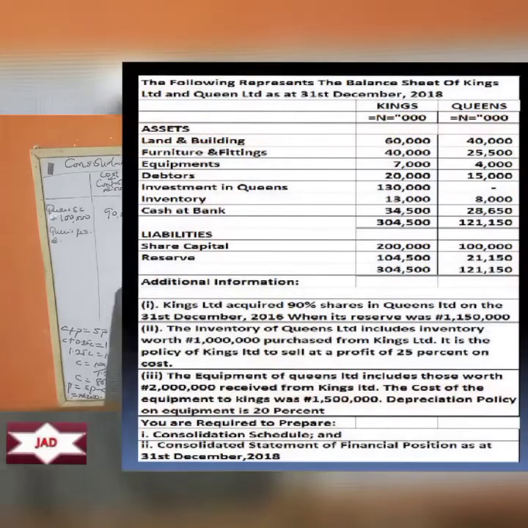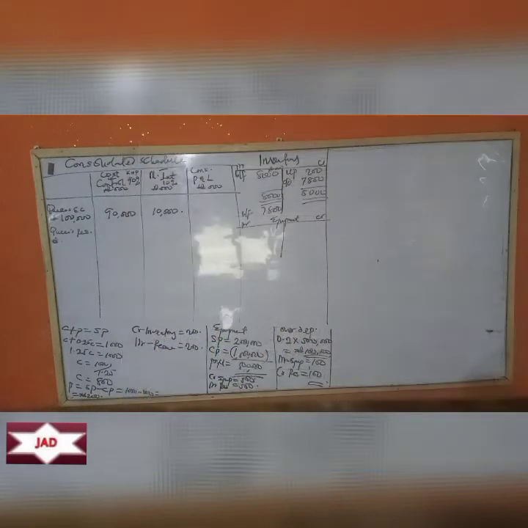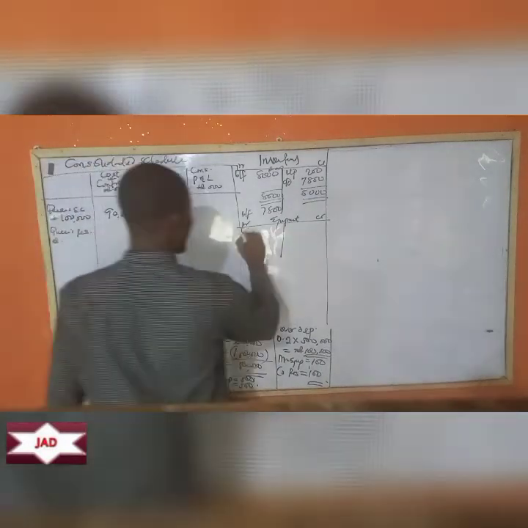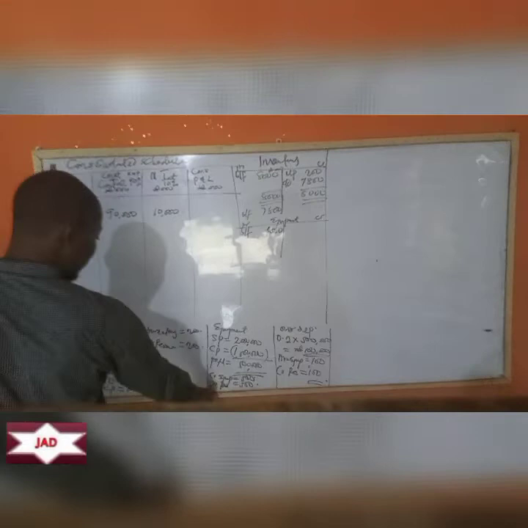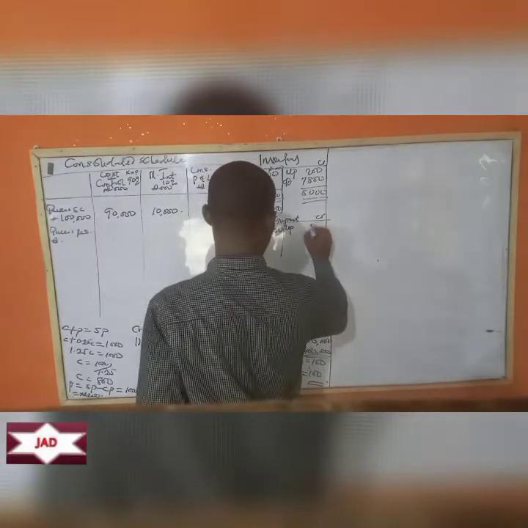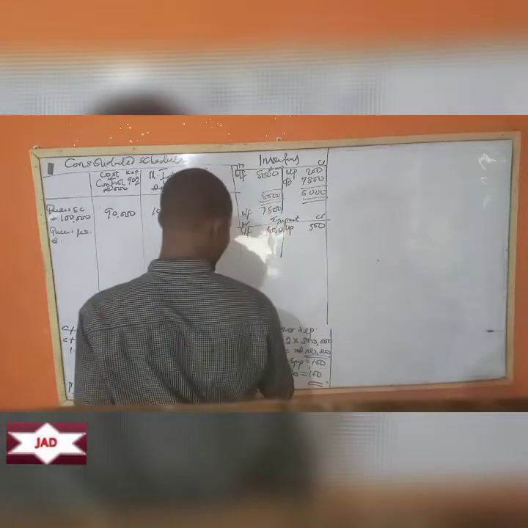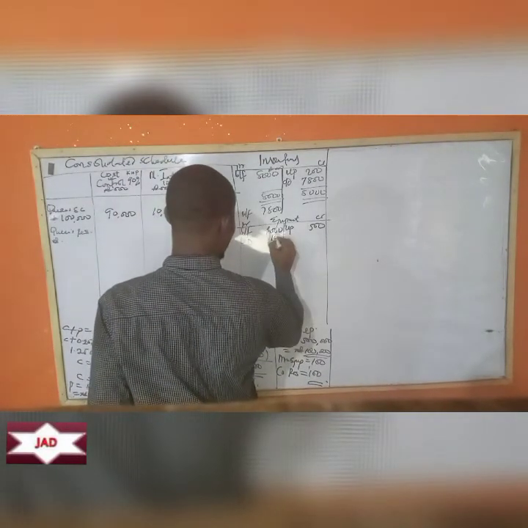The next one we have is equipment. What's the equipment? From the balance sheet, the equipment is 4,000. So we say balance brought forward 4,000. So there is unrealized profit here. Credit, unrealized profit 500. There's another debit here, which is over depreciation 100.